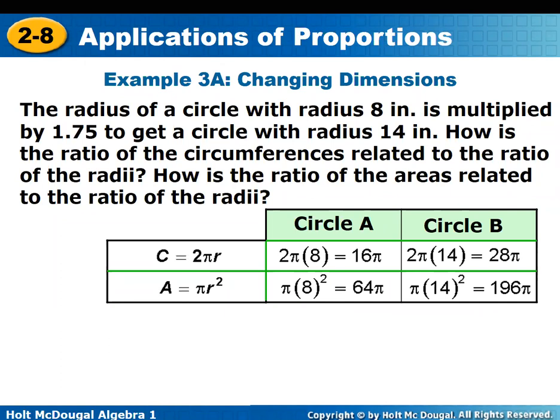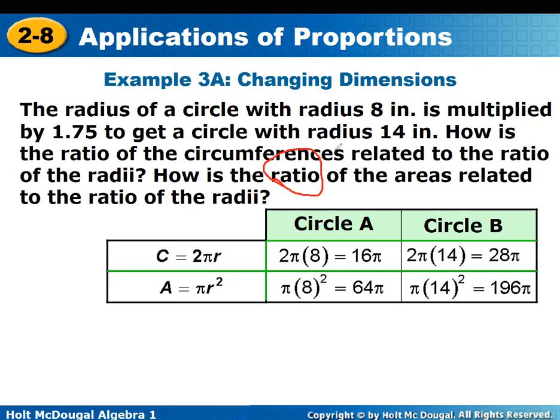Now, what is he looking for in this question? To compare between what? What is the question? How is the ratio of the areas related to the ratio of the radii? And above, he wrote for us another point.